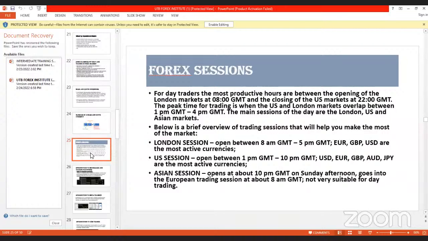That means in our Nigerian time, it will be by 11 on Sunday night. That's when the market will open by the Asian session. Then it will run throughout our night and close by 8 a.m. in the morning.